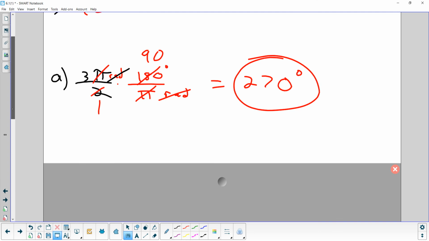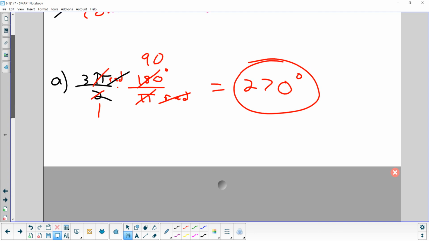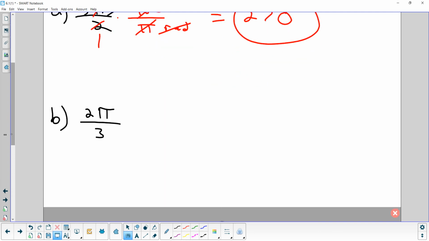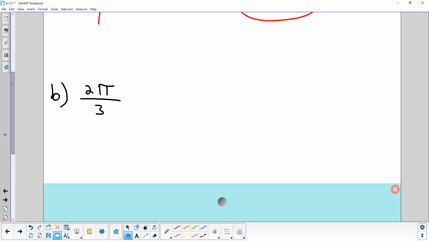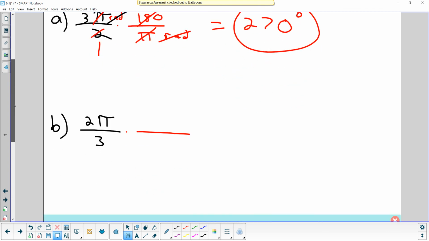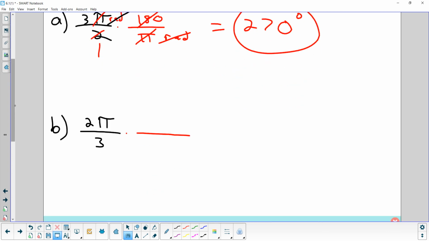Any questions on that? All right, I think these are pretty similar. Let's do this one. 2 pi over 3. Same directions, convert to degrees. All right, when we want to convert to degrees, Jake, what number goes in the top? 180 degrees. 180, just like last time.